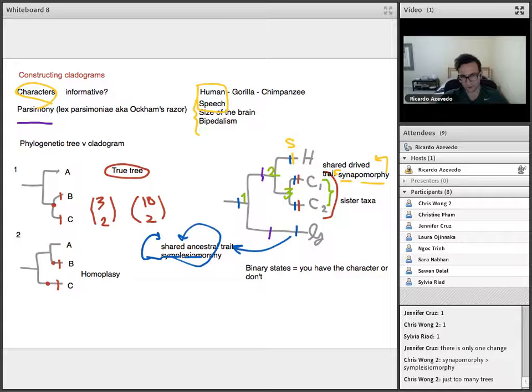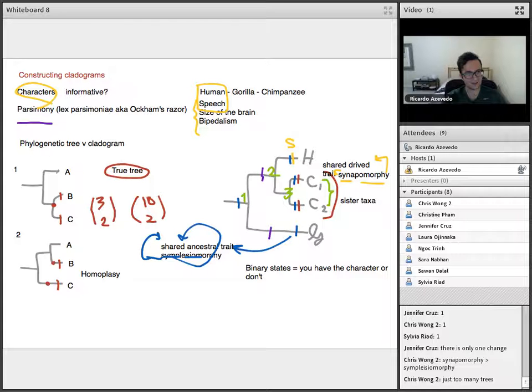Why not just go exhaustively, create all the possible trees, and pick the one that is the true one? Why not? Can anyone answer? Just too many trees. So the combination is a problem of combinatorics.